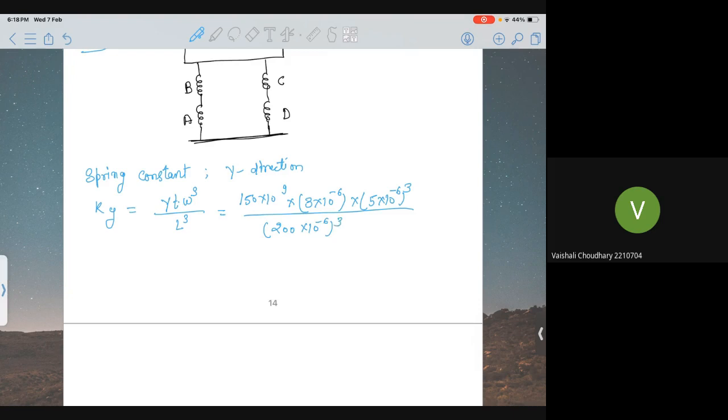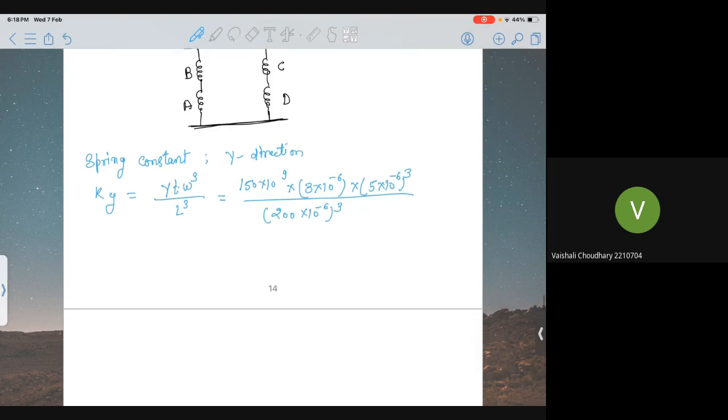Okay, so ky is, if you solve this, you'll have 7.0313 Newton per meter.